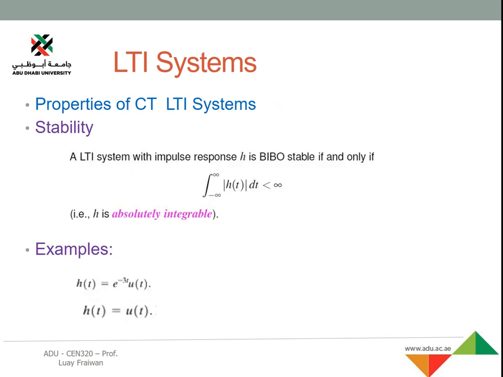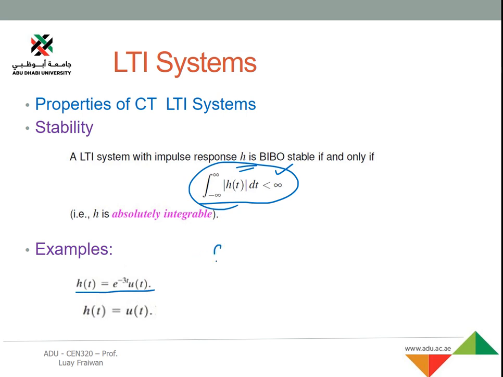Stability: an LTI system will be stable if and only if, in terms of the impulse response, the integral of the magnitude of the impulse response is less than infinity. For example, let's say this is my impulse response and I want to check whether the system is BIBO stable or not.